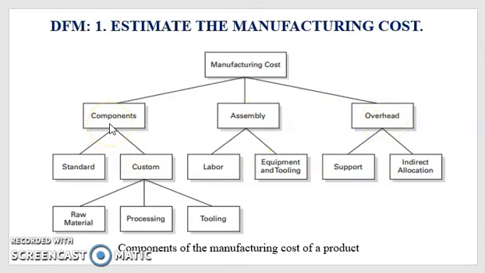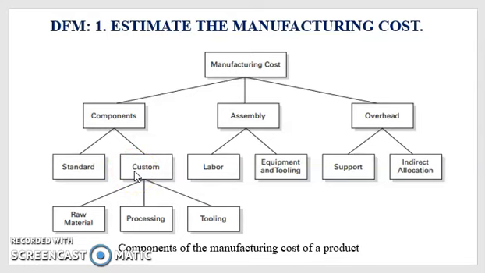The component cost. The components of a product include standard parts purchased from the suppliers. Some examples are motors, switches, electronic chips, screws, etc. Custom parts are made according to the manufacturer's design from raw materials.